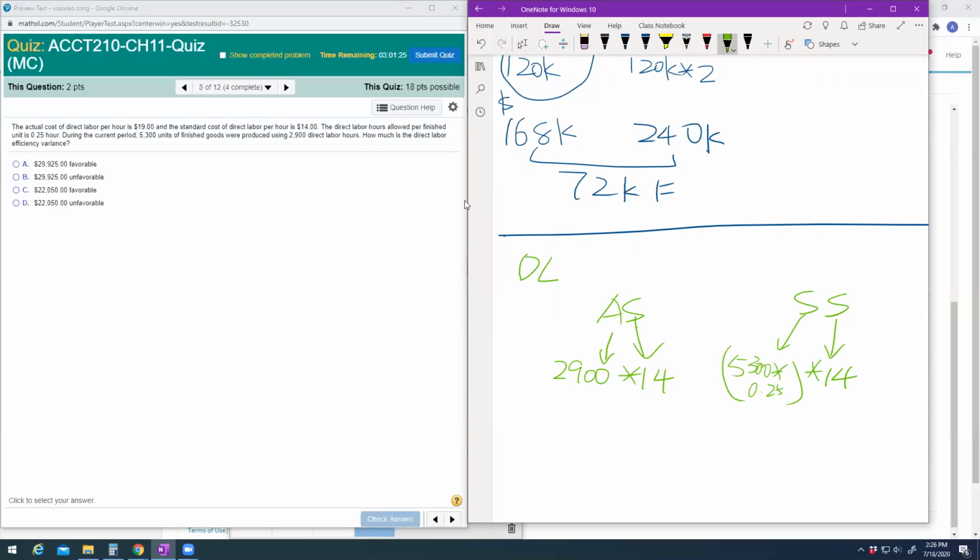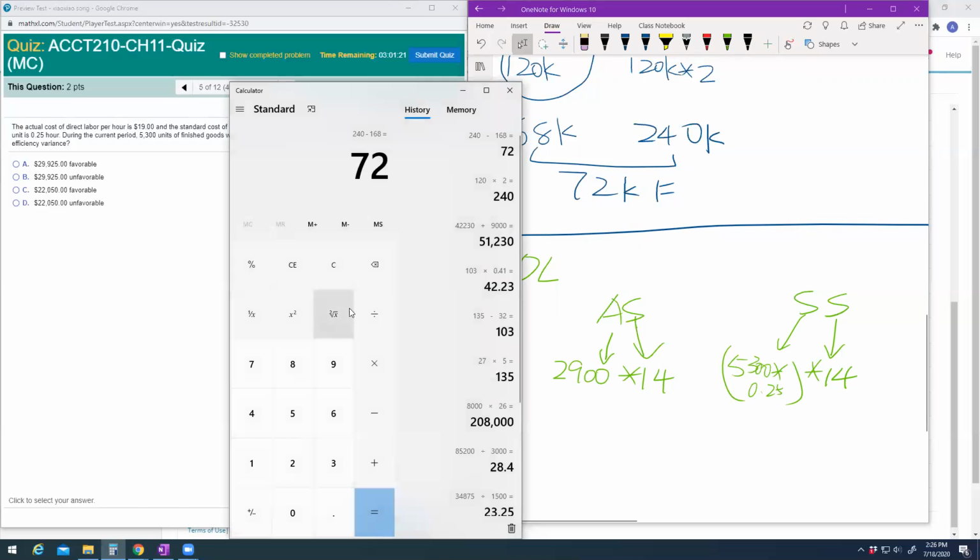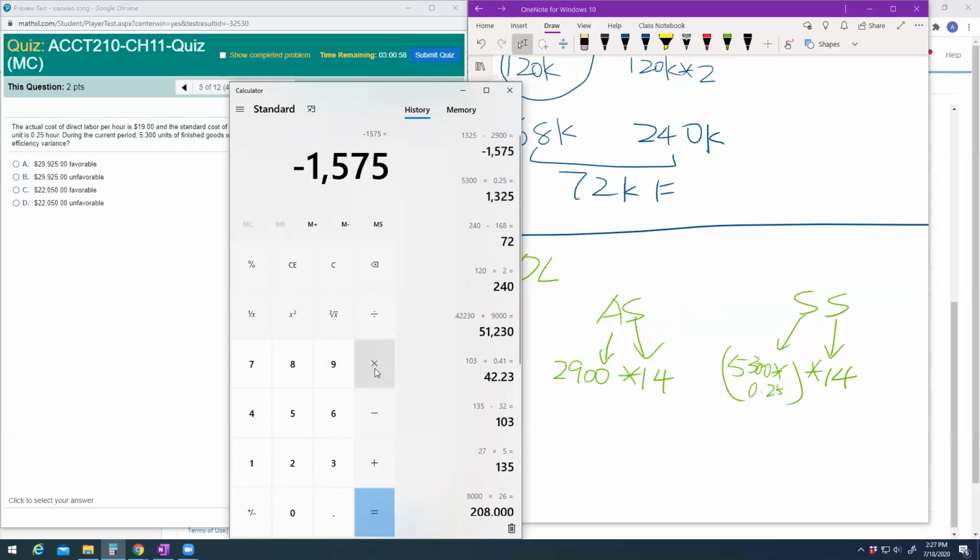So if you do it many times, you will get the pattern. You know how to do this calculation. Now 5,300 times 0.25 equals 1,325. Based on standard, you should use 1,325, but actually you used 2,900. Wow, it's a big unfavorable, right? You used more than double. So minus 2,900, and then times 14.